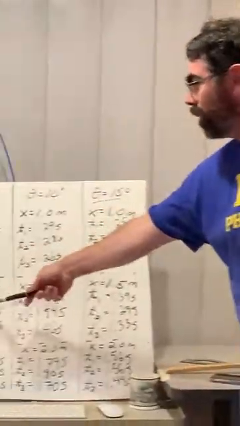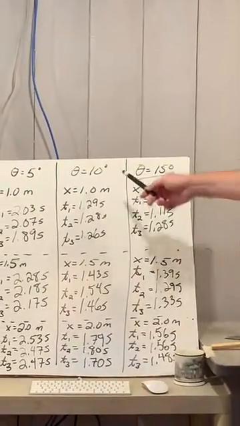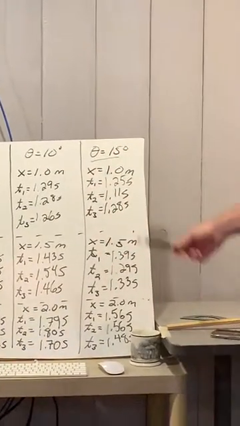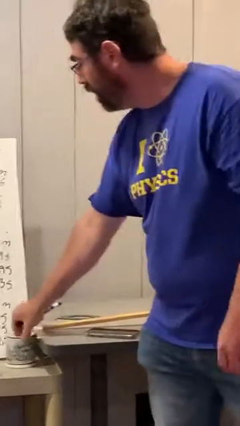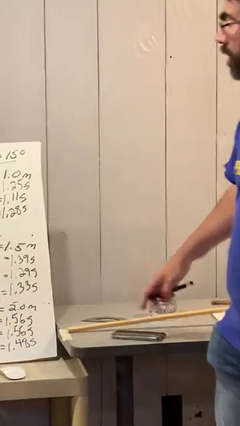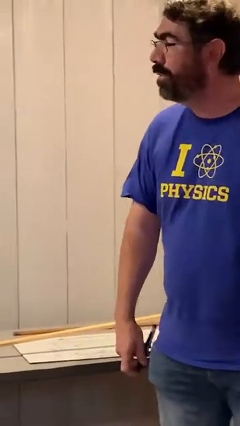One graph for 5 degrees, one graph for 10 degrees, and one graph for 15 degrees. So 3 graphs, fit the graphs, and you should extract 9.81 or close enough to give us the acceleration due to gravity. Good luck.